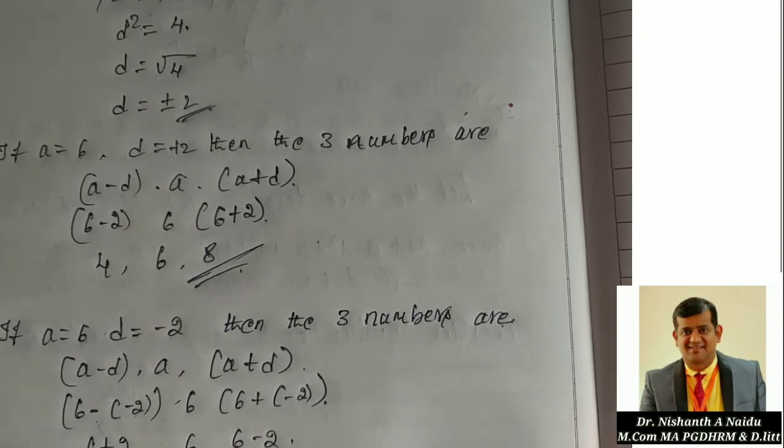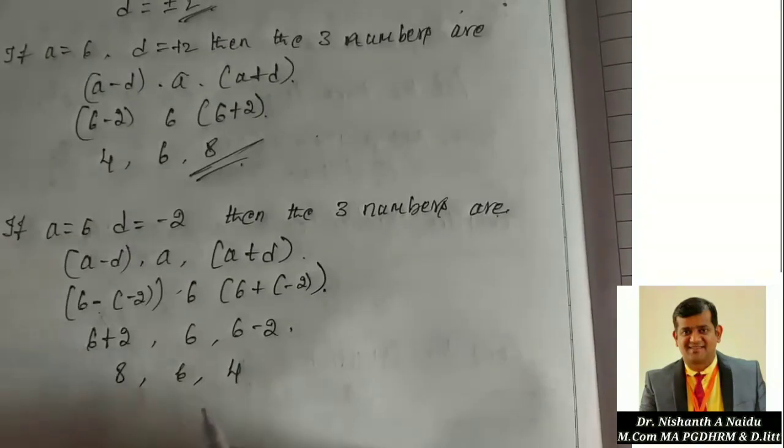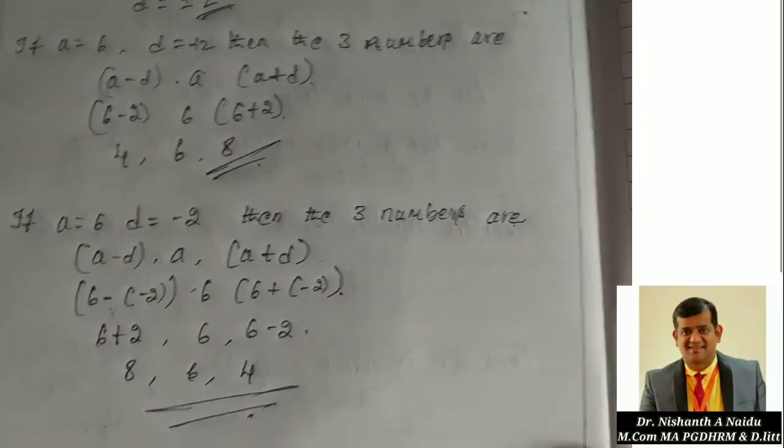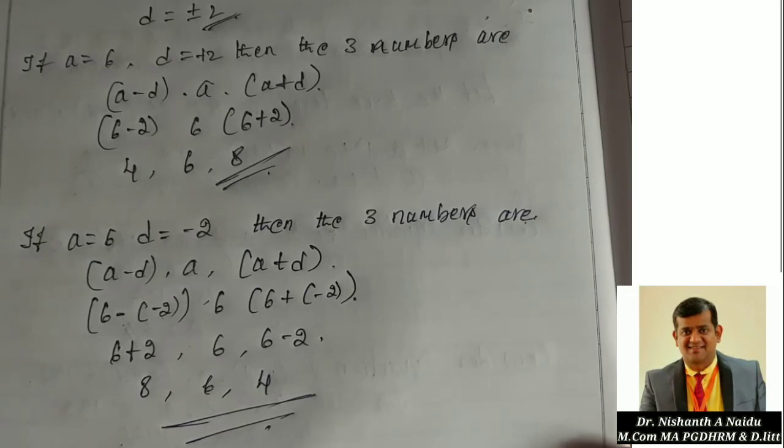So that is 8, 6 and 4. So this is your answer. Okay, so we are done with this 30th problem.